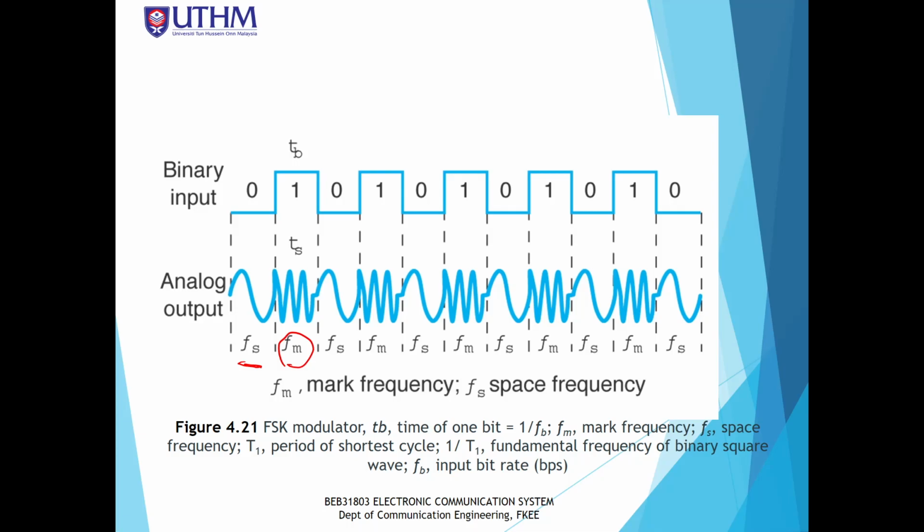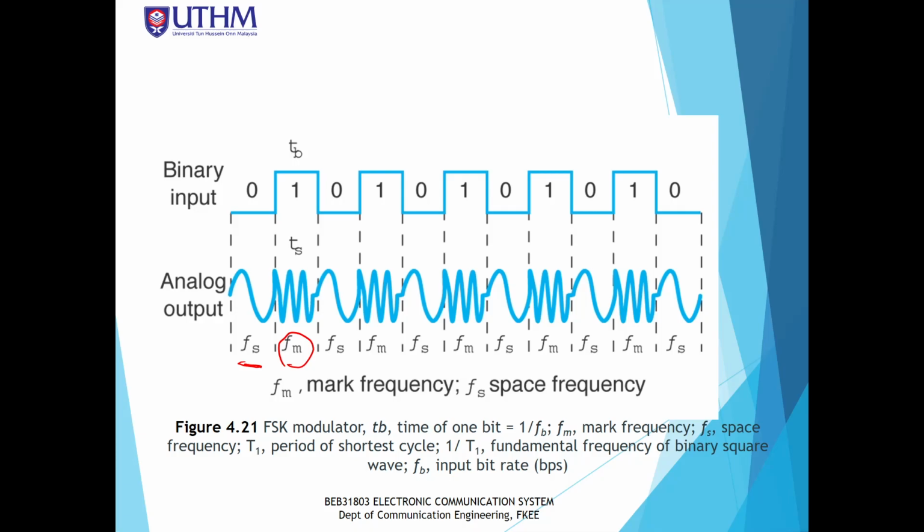So this is the waveform for the ASK. Make sure you also know how to sketch the waveform for ASK, FSK, and also PSK. Previously we have asked this kind of question where we give the input logic 01010 and you produce the output waveform. The output waveform is in the form of a sine wave, but you need to know that for FSK the output has different frequencies.